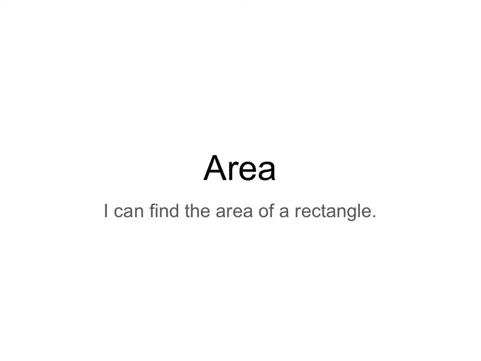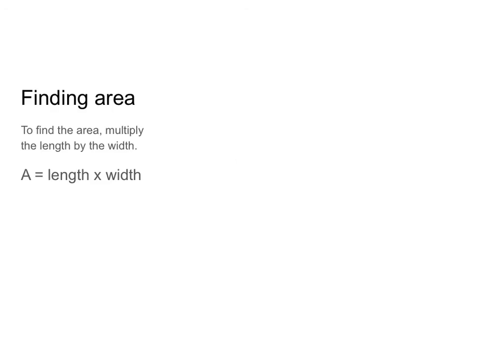Today's math lesson focuses on area. Our goal today is I can find the area of a rectangle. To find area, you multiply the length by the width. In yesterday's lesson, you looked at square numbers.